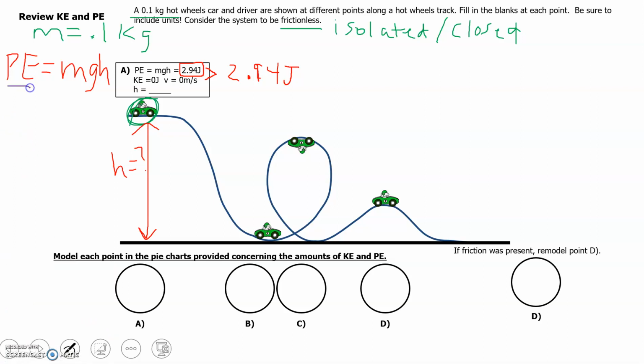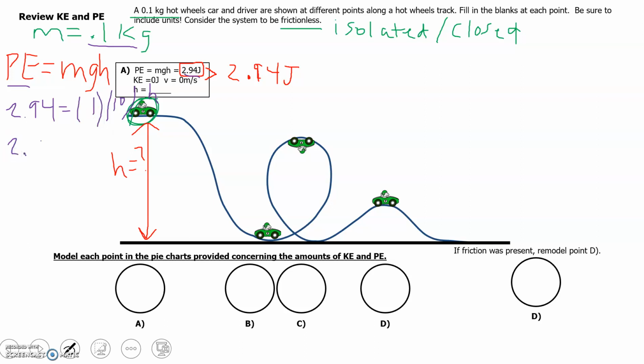So we know that the potential energy is 2.94. So 2.94 equals, well, the mass we said was 0.1. The gravity is 10, and we are looking for height. All right, so that means 0.1 times 10. We need to simplify.